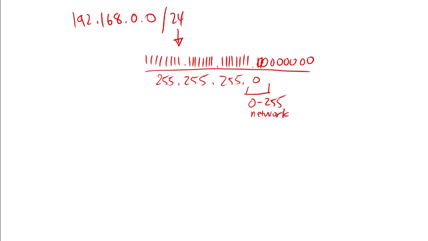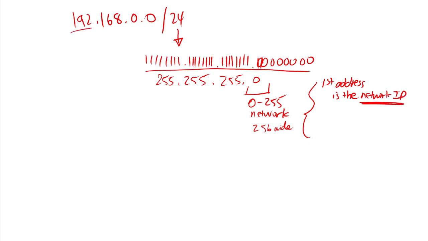And so my network is 256 wide. And the first address in the network is a network ID. So we're not allowed to use that. So if my network ID is 0, it can't be used.